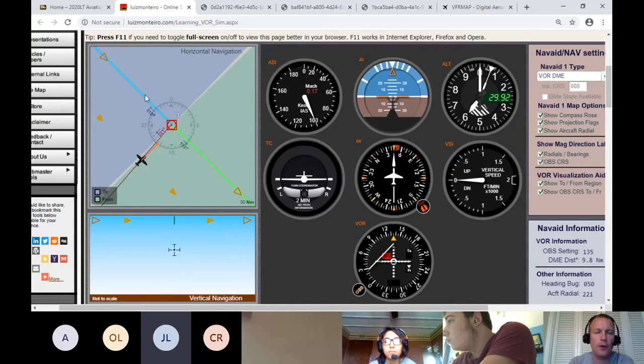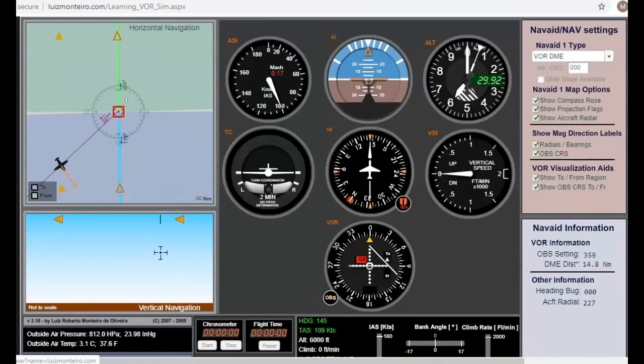If you're able to use it, once you've figured it out, it's a good resource because it shows you how the VOR works. So let's take a look at how the VOR receiver indicates.